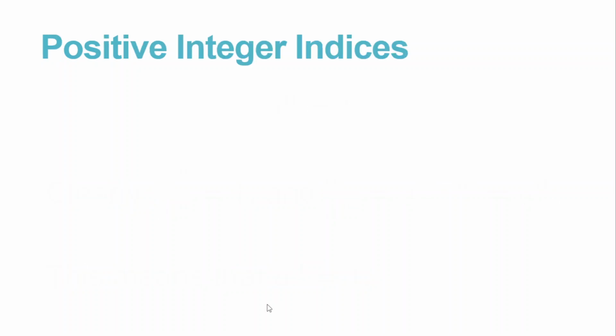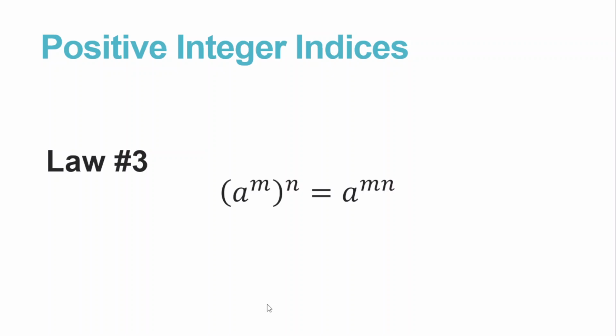Okay, so next let's have our third law. If we have a raised to m, and it's also raised to n, it will give you a raised to mn. Here we're just simply going to multiply the exponents.